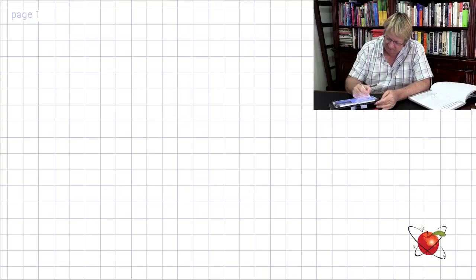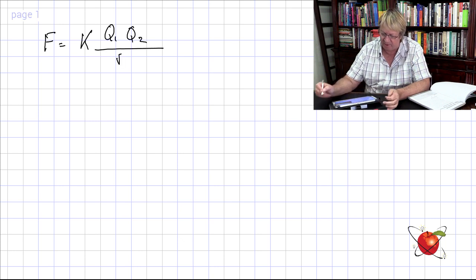If you remember, in electrostatics, we did Coulomb's forces, where we found that there's a force of attraction between charged particles, or a force of repulsion. Do you guys remember that section? We said that we had the Coulomb force: force is equal to k Q1 Q2 over r squared.